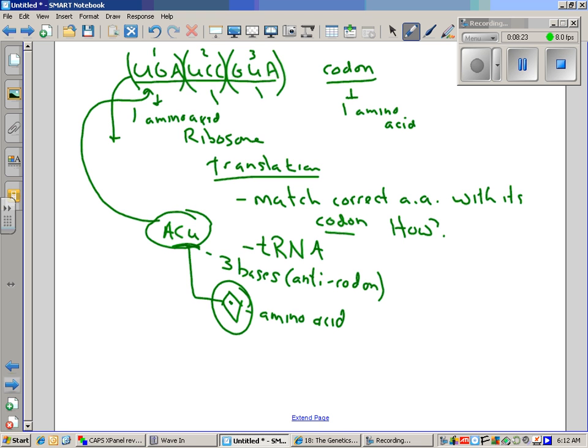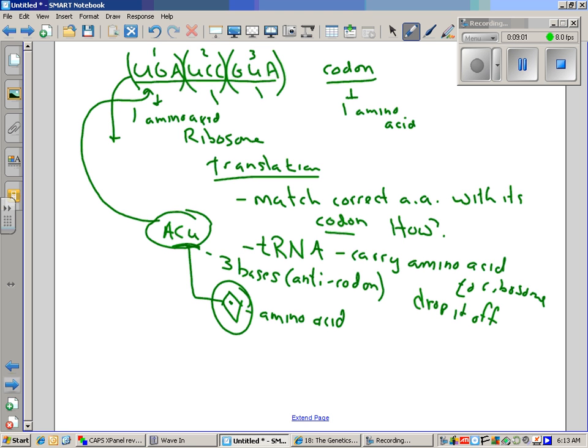In every biology textbook invented, there's a chart that says what amino acid goes with what code. Okay? So tRNA's job then is to carry the amino acid to the ribosome. Drop it off. Sort of like a taxi service.